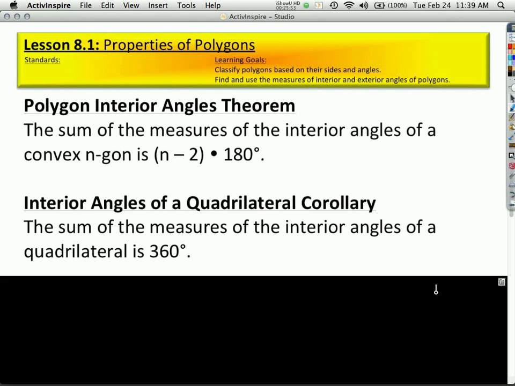Now, here's a corollary that honestly, you don't even need to remember as far as the name. But based on this, we know that the interior angles of a quadrilateral will always add up to 360. Beyond that, you don't have to remember what they're going to add up to because you can always calculate it using this.